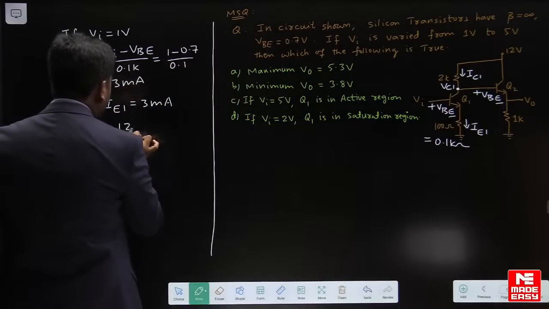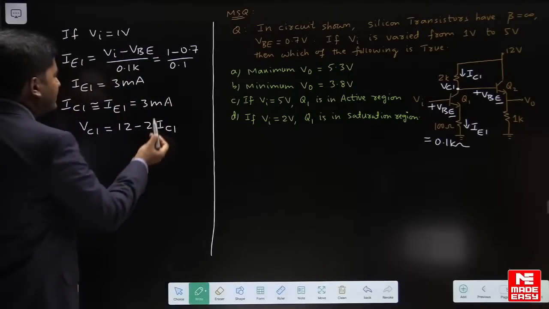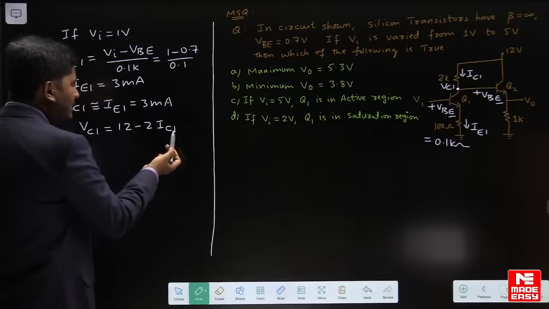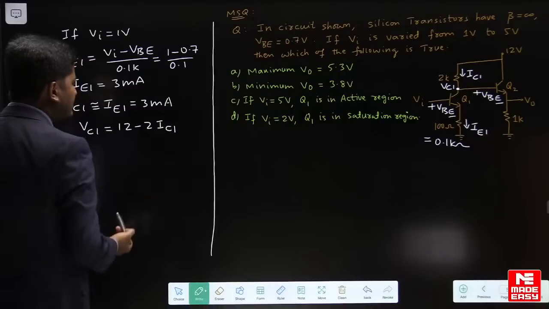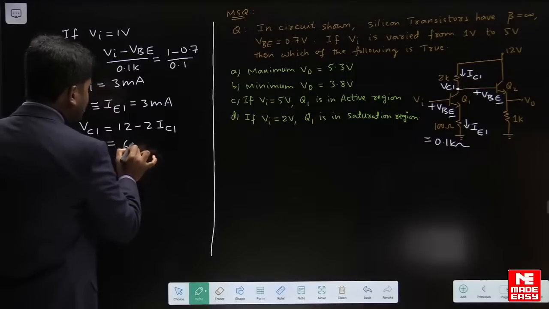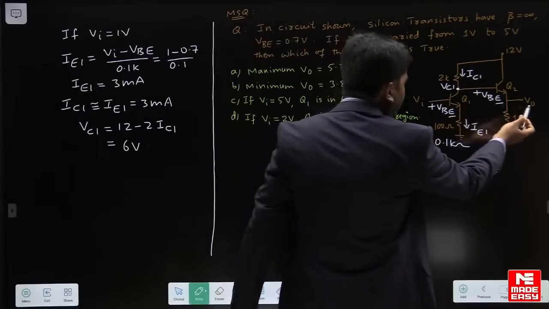VC1 is equal to 12 minus 2 IC1. Now in place of IC1 write 3 milliampere. Resistor is in kilo ohm and current is in milliampere. Kilo into milli will cancel out, so it becomes 12 minus 6 volt, 6 volt. Fine.